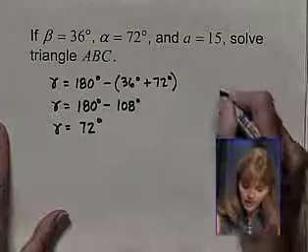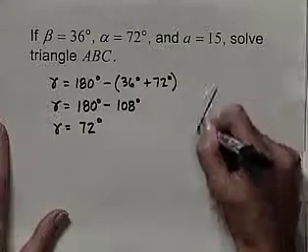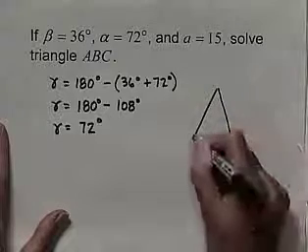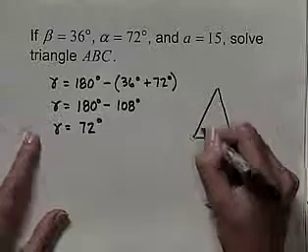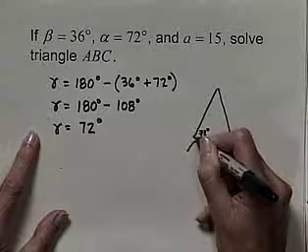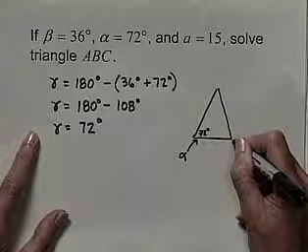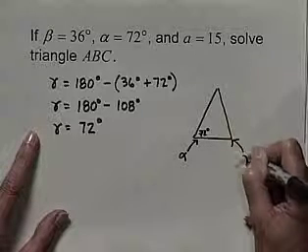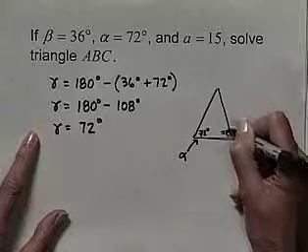Now, if I do a quick sketch at this point, quickly sketching out an isosceles triangle, I have a 72-degree angle, which is angle alpha. We have another 72-degree angle, which is going to be our gamma.